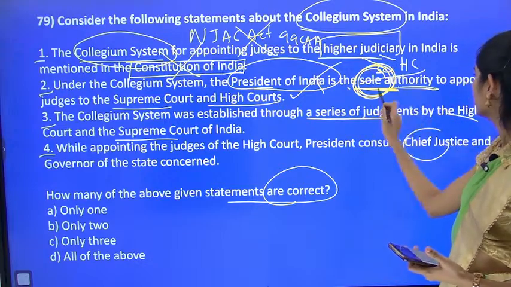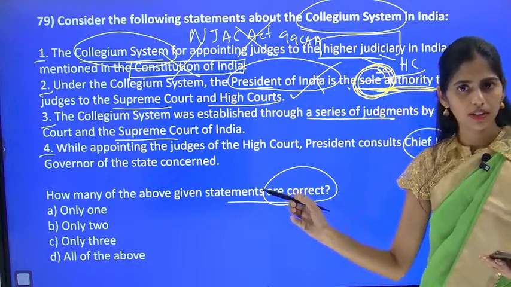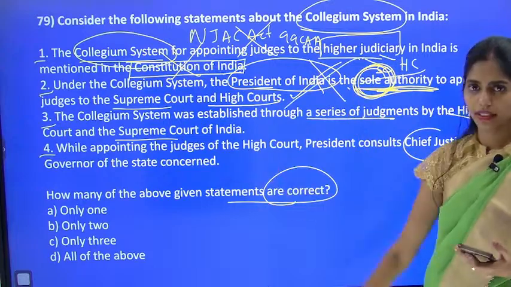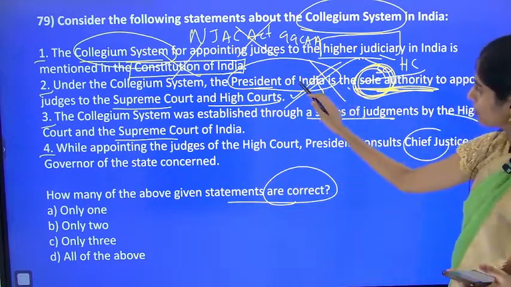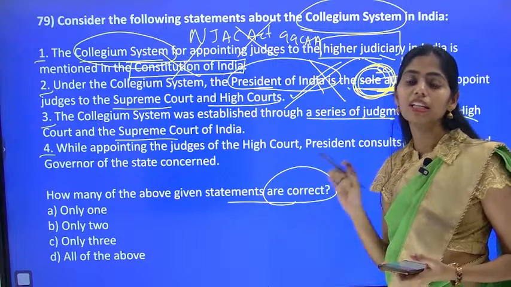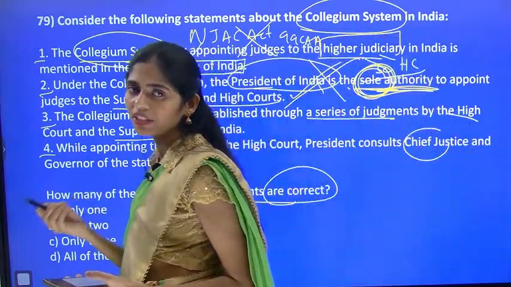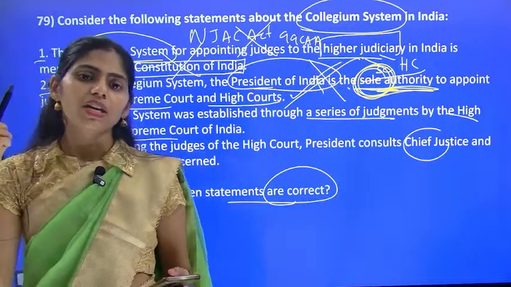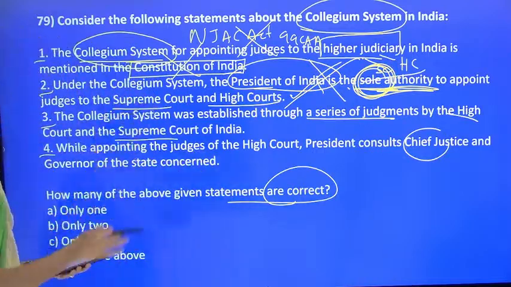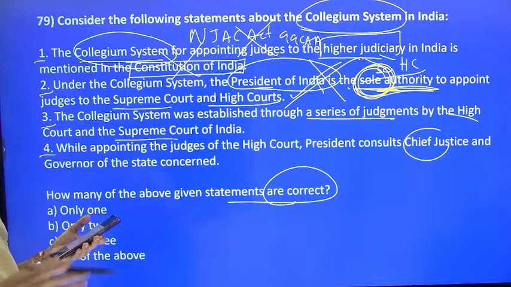He is not the sole authority to take the decision from A to Z. So this is also incorrect. The correct thing is, President is the authority to appoint, but not the sole authority. He will take opinions of Chief Justices of High Court, the CJI, and some senior judges. Clear?